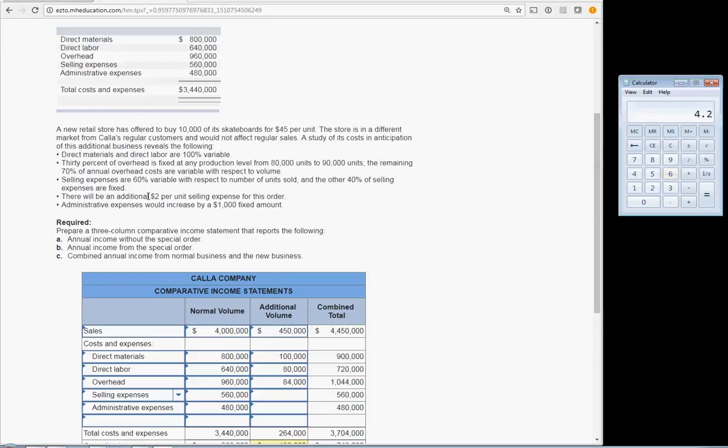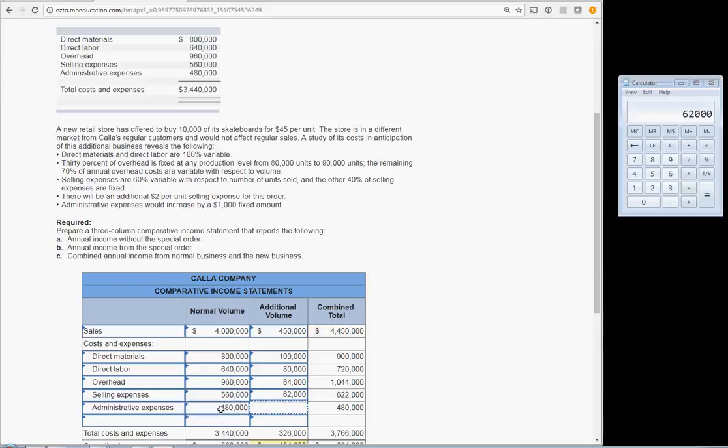However, it also says that there's going to be an additional $2 per unit selling expense. So the 4.20 is the variable piece of this, but then I need to add in that $2. So plus $2 gives me $6.20 times 10,000 to give me 62,000 in selling expenses.